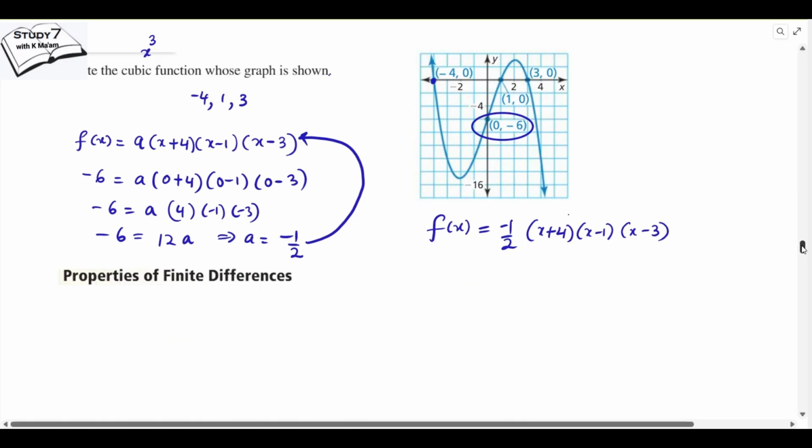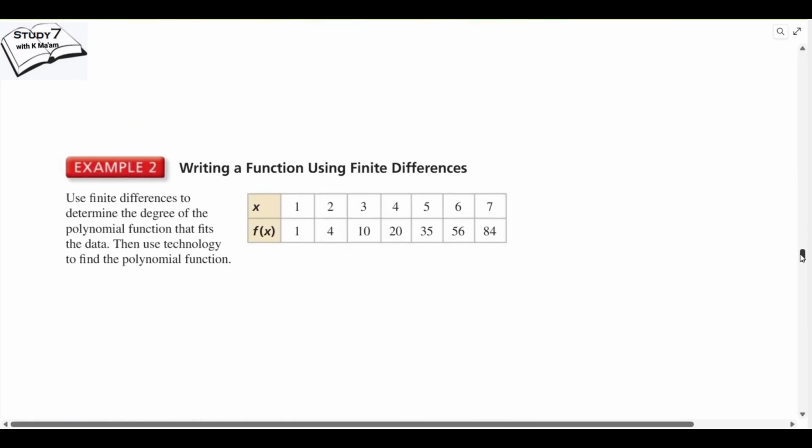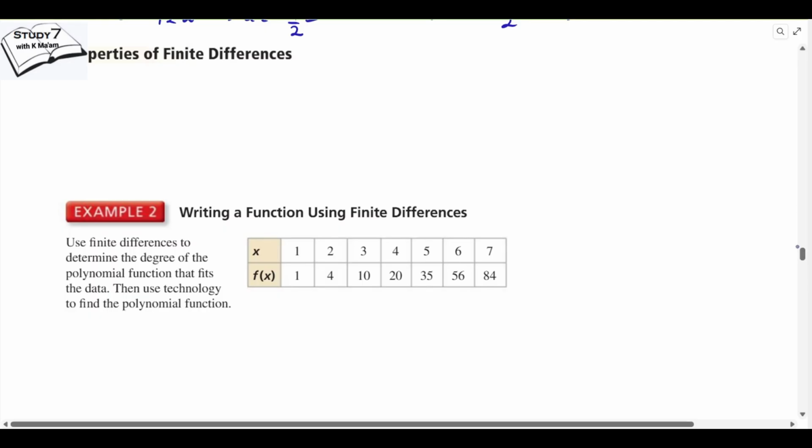Next we have properties of finite difference. Finite difference means when we calculate the difference and it comes out finite, that is known as a finite difference.